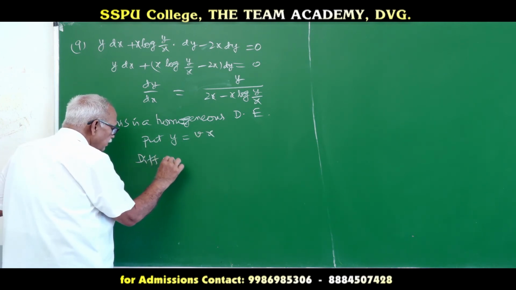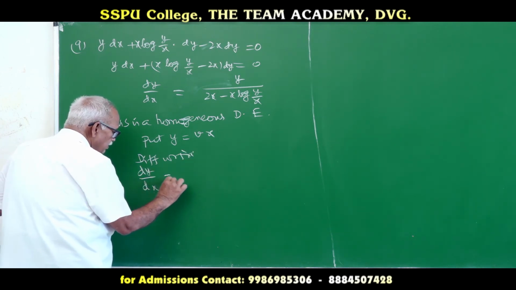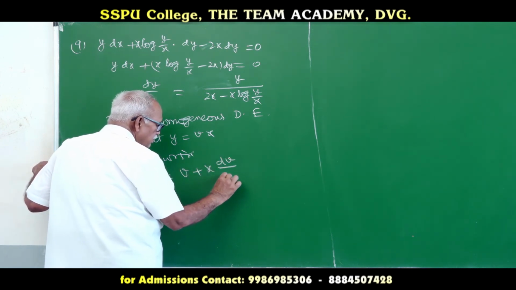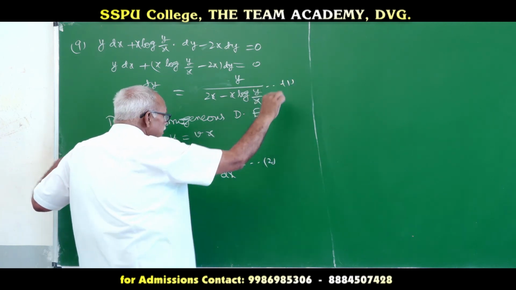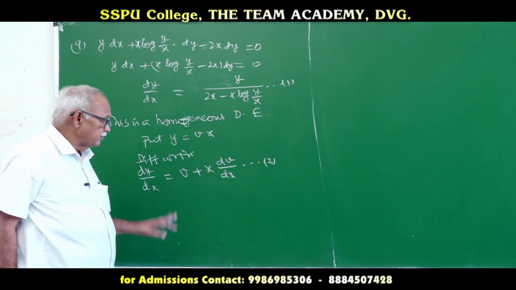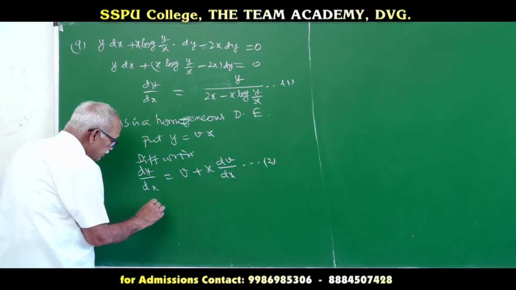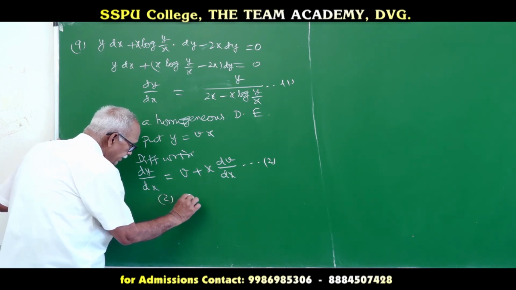differentiating with respect to x. What is dy by dx? So many problems we have done. Dy by dx is equal to v plus x into dv by dx. So, what is the next step? You substitute 2 in 1.